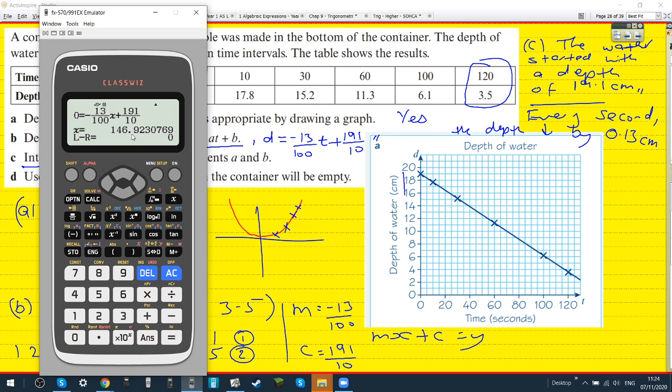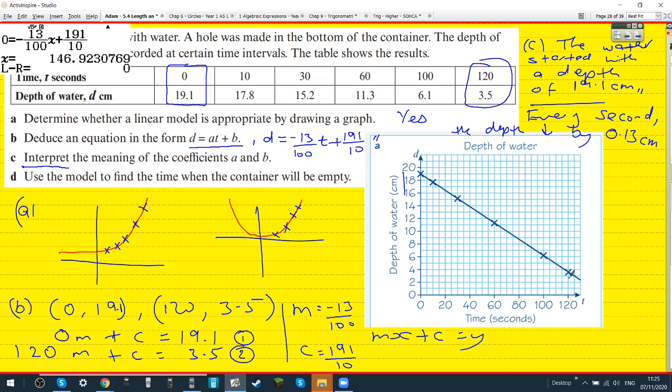So what does it look like the answer is? 147 seconds. Well done. And that looks about right on our graph. That's like 120. I thought it was wrong for a second there. So time is 147 seconds.